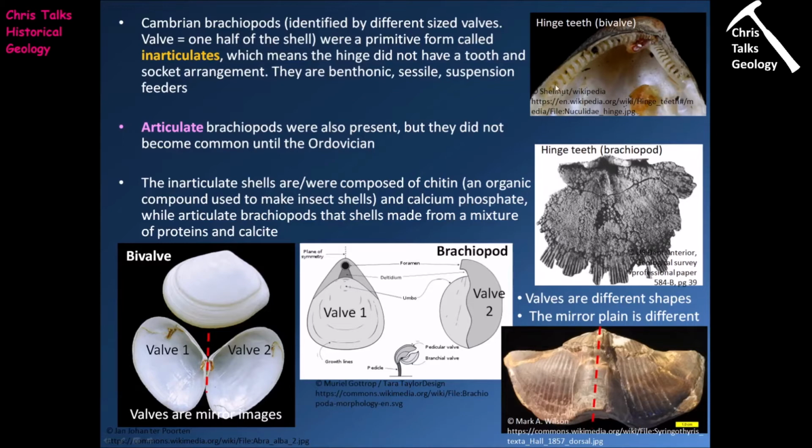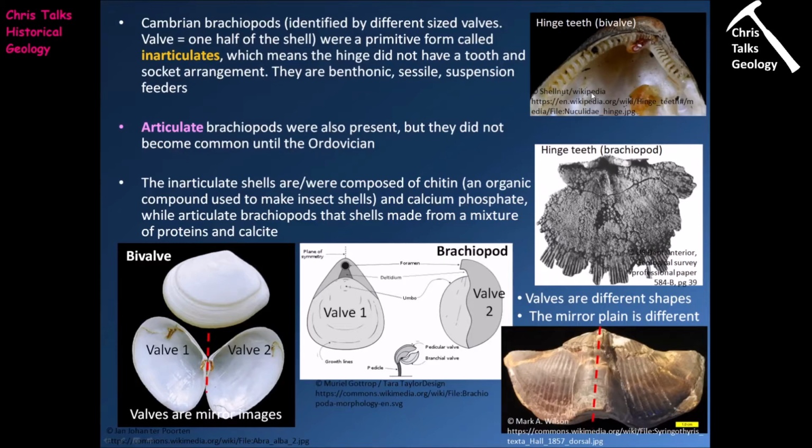So as you can see here, you have a line of teeth running along the hinge of the shell. So this is actually the hinge right here where the two valves met. And what these teeth do is each one of these teeth will actually match with a corresponding socket on the other valve. So when the valve is closed, these teeth will essentially lock into the opposing valve.